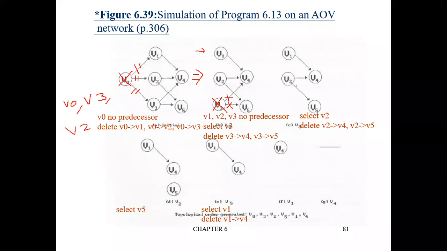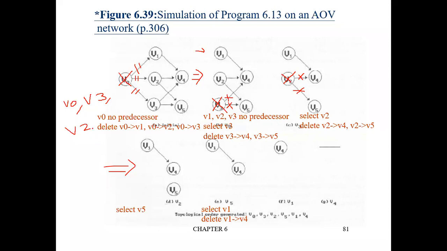Yeah, we have 2 outgoing edges, V2 to V4 and V2 to V5. Yes, delete these 2 edges. Yes, good, Rupa. So delete these 2 edges and delete this vertex also. Okay, right? So now this is the resultant graph you got.